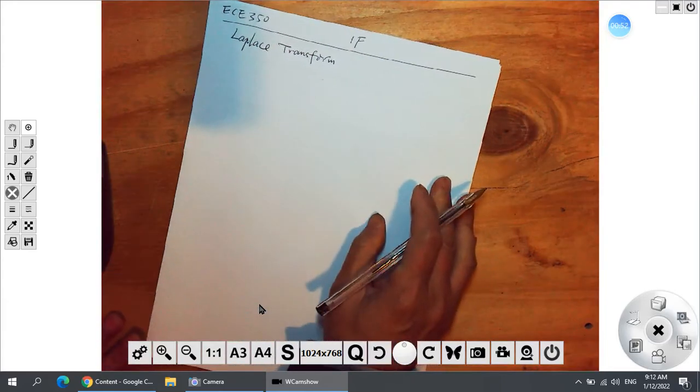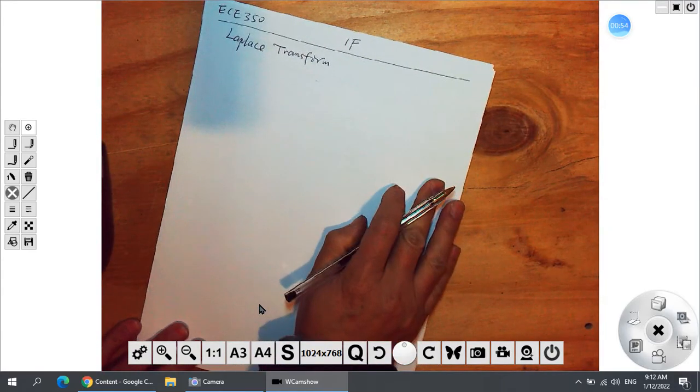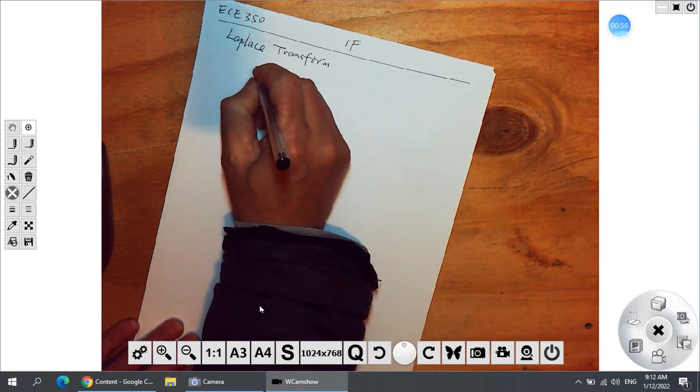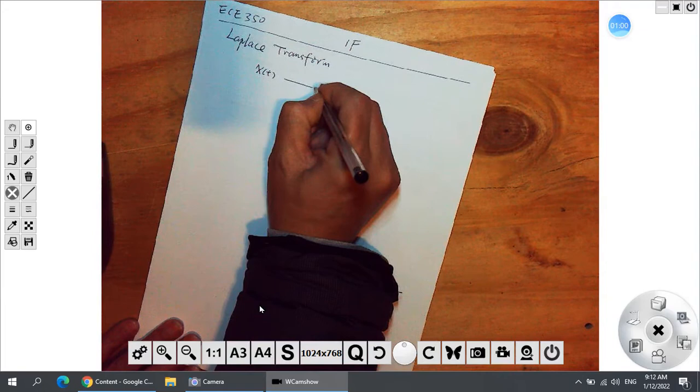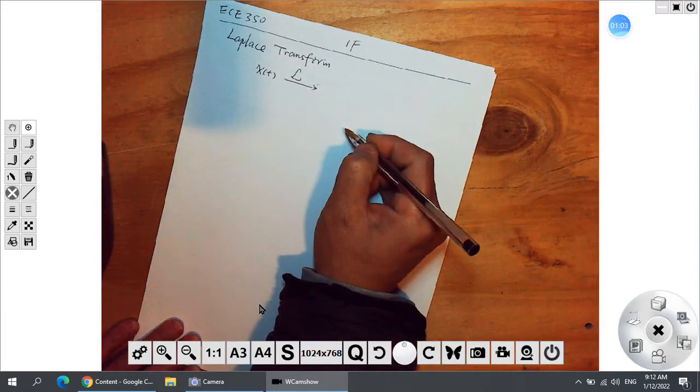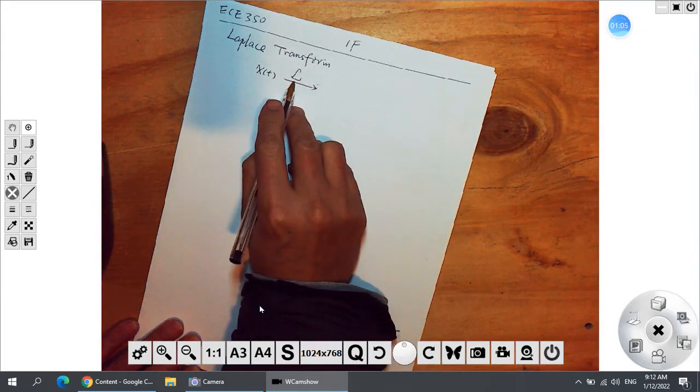Last time we gave the definition of a Laplace transform, right? Suppose we have a signal x of t, then by the Laplace transform, I put this capital L here, means Laplace transform.